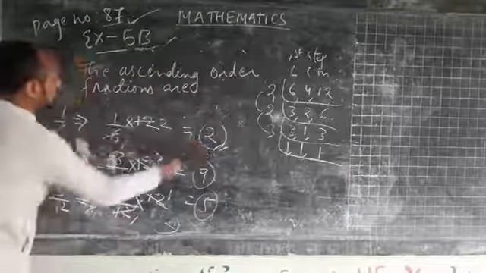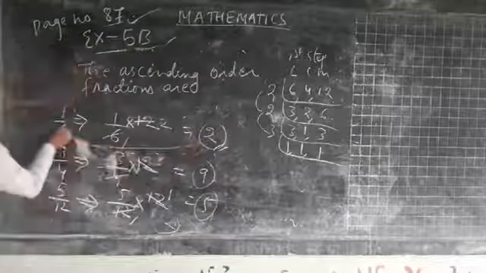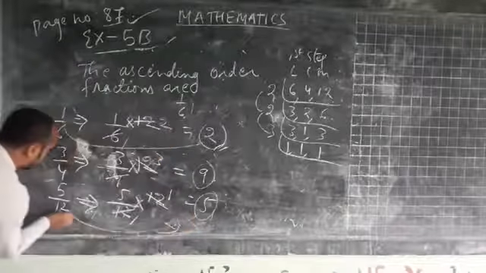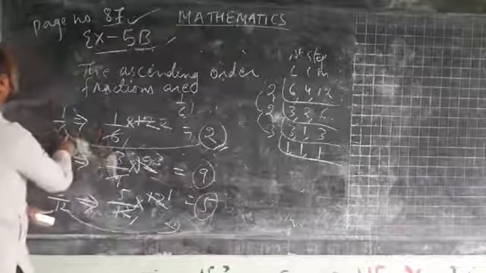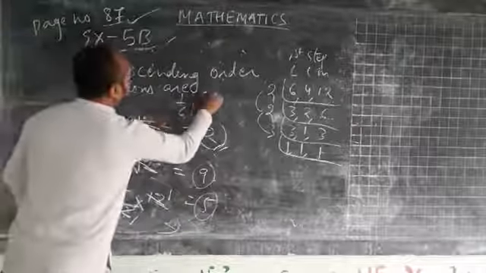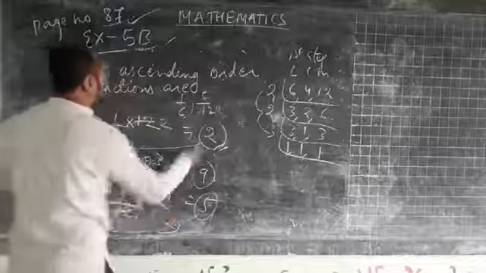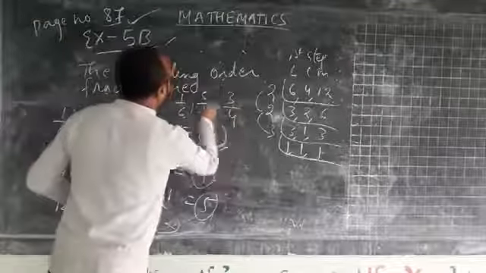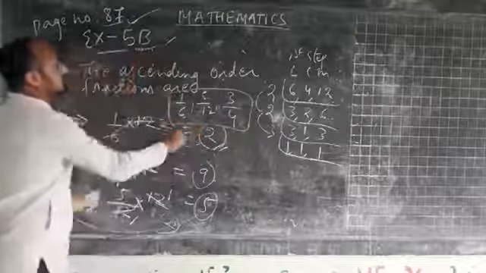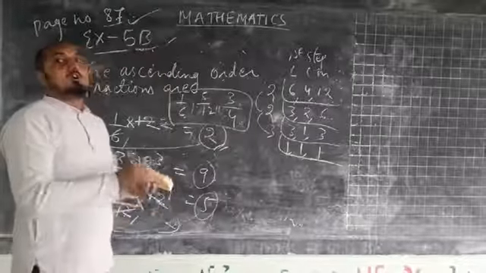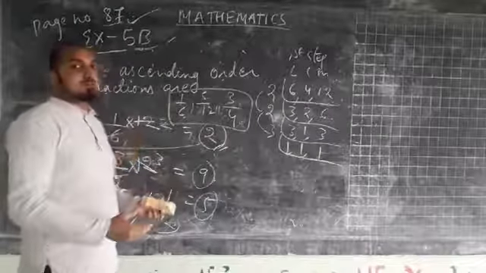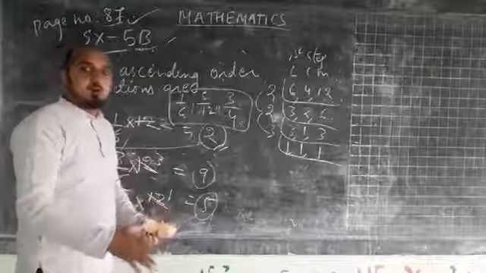This 2. So in place of this 2, what is your value? 1 by 6. For the 5 we have 5 by 12. So 1 by 6, then 5 by 12, and then next one we have 9, so for this 9, 3 by 4. So this is the second method to find the given fractions in ascending order.